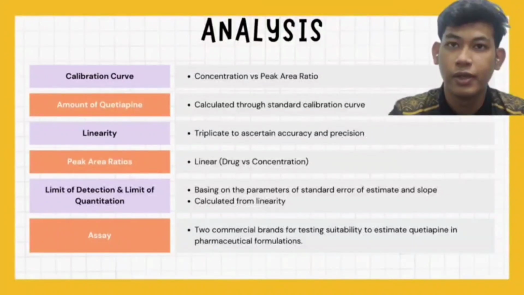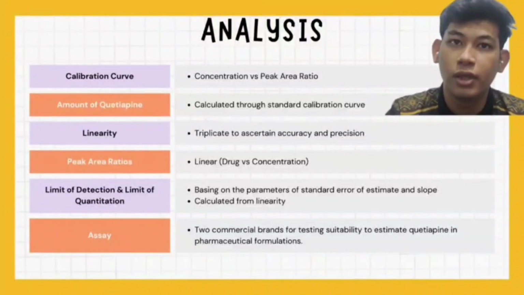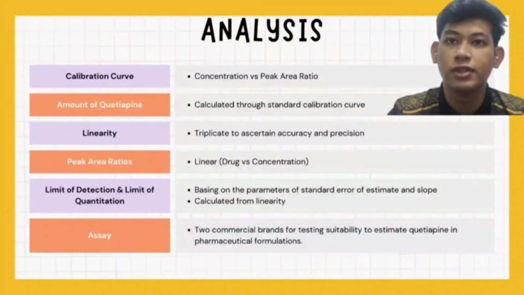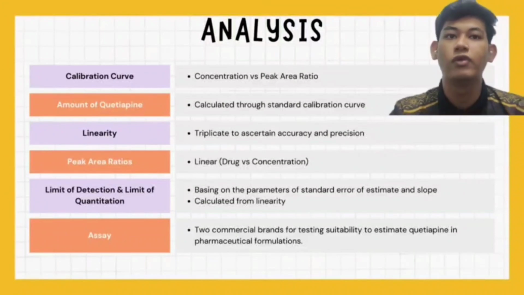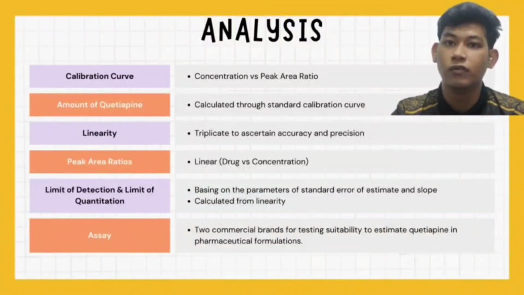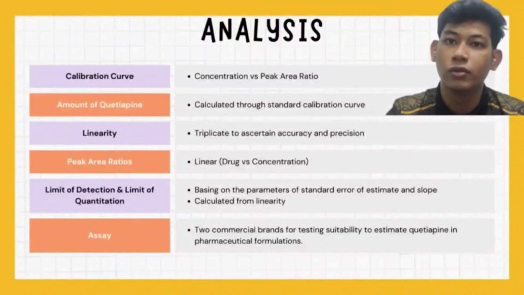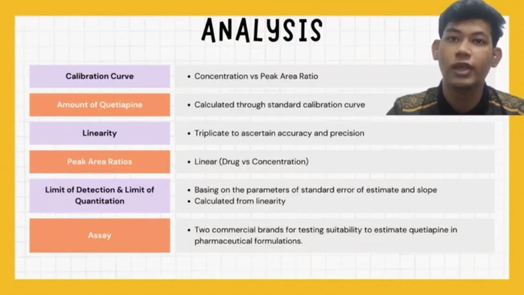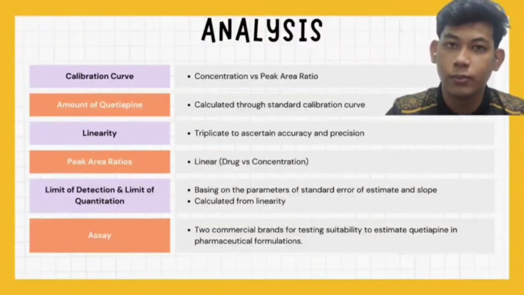The linearity experiment was carried out in triplicate to ascertain the accuracy and precision of the method. The peak area ratio of the drug versus concentration was found to be linear. Limit of detection (LOD) and limit of quantitation (LOQ) for quetiapine were predicted based on the standard error of estimate and slope.